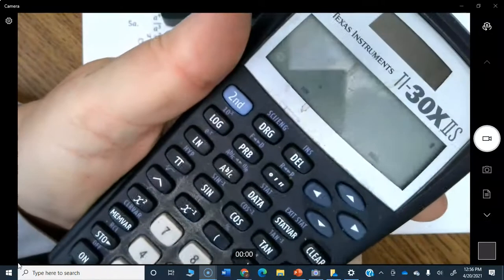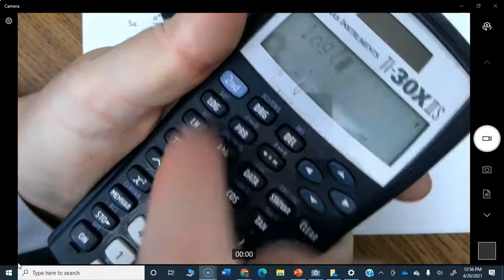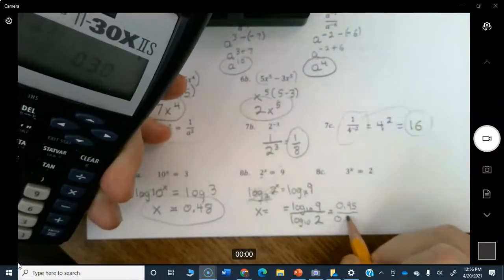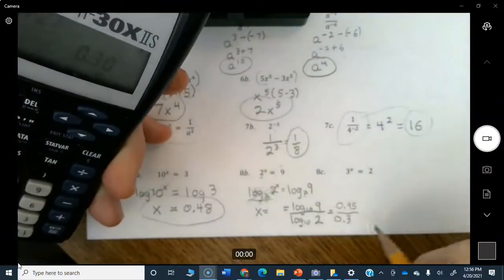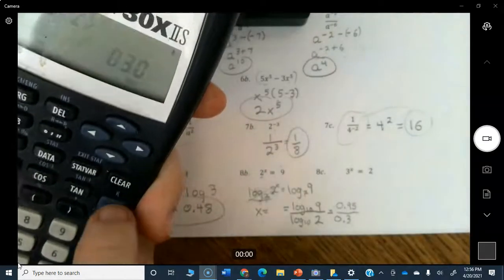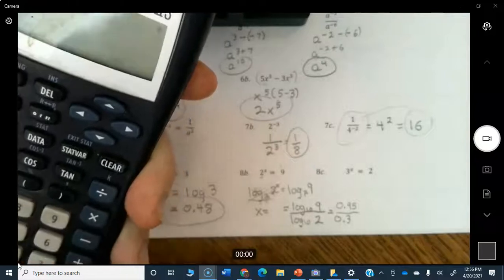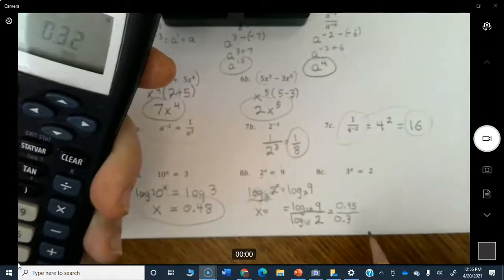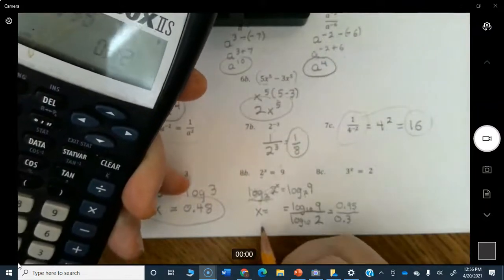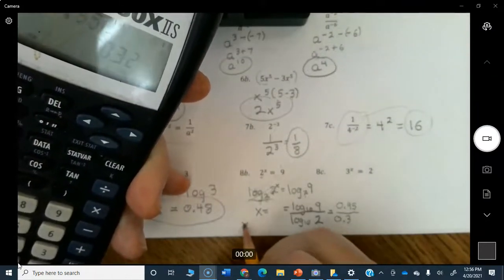So I'm going to come back here, log 2, close the parenthesis, and that gives you 0.3. Okay. And when I do that division, 0.95 divided by 0.3, I get 0.32. So that's my value of x here. That's my final answer.